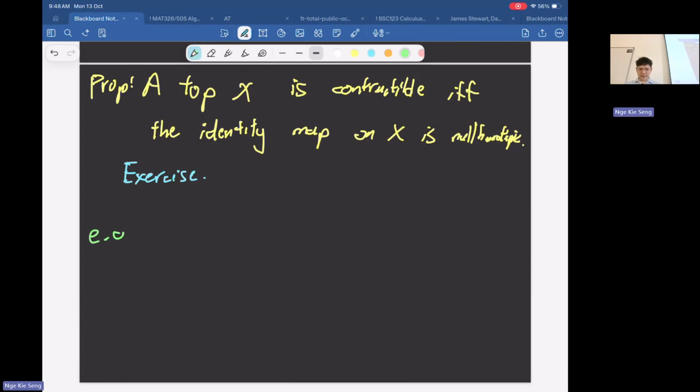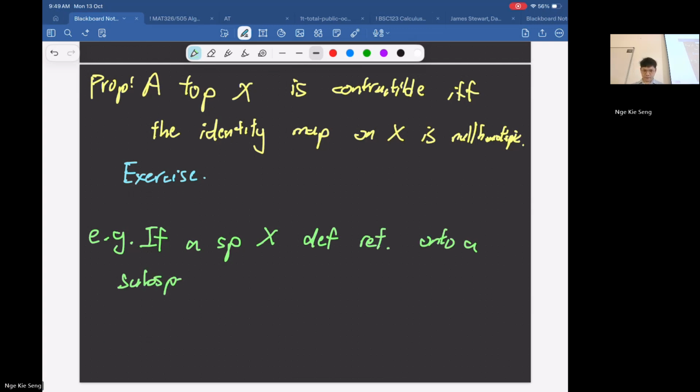Second, let's look at some textbook examples. For this statement, if a space X deformation retracts onto a subspace A via this homotopy, then what do we have?